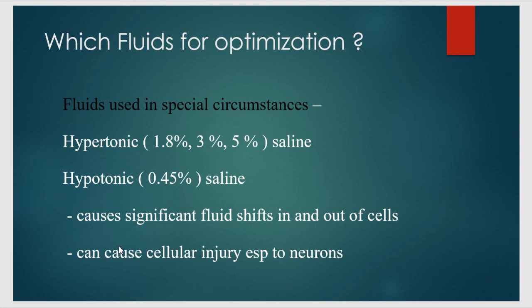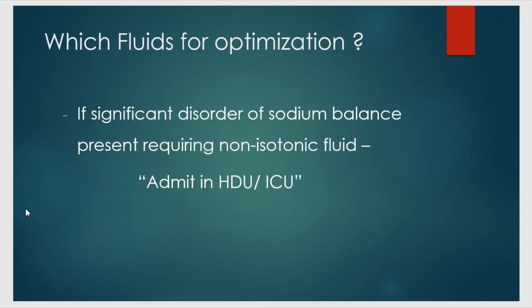So in cases of hyponatremia, this 3% saline is very commonly used in India. Outside India, 1.8% is also available. And in cases of diabetic ketoacidosis, this hypotonic 0.45% saline is frequently used.